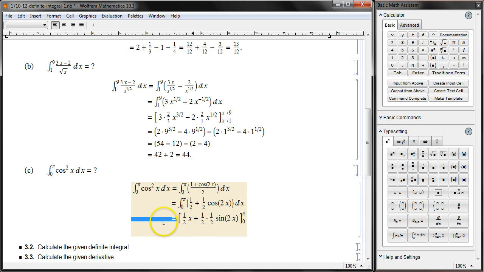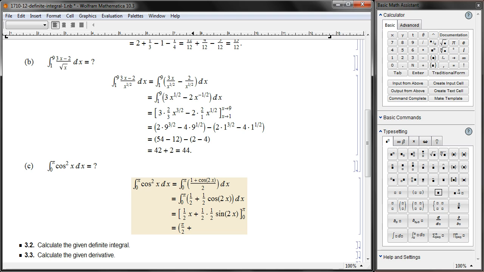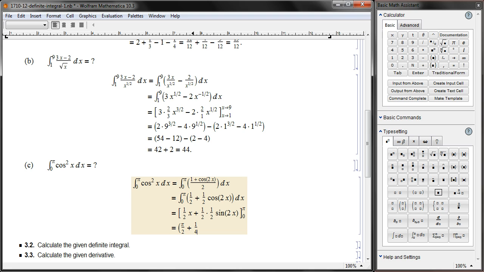Plugging in pi, what do you get? Pi over 2 plus 1/4 sine of 2 pi. But sine of 2 pi is 0. This whole thing is going to become 0, minus plugging in 0.